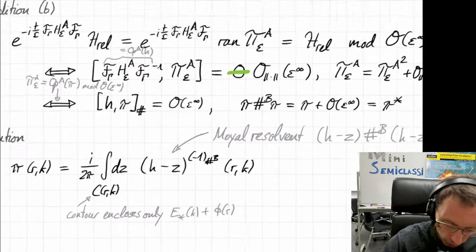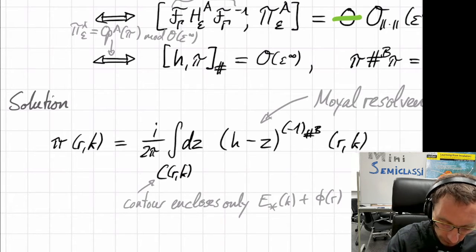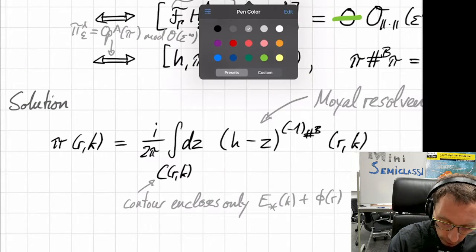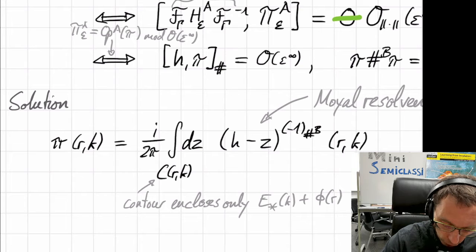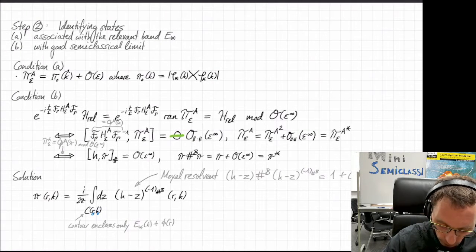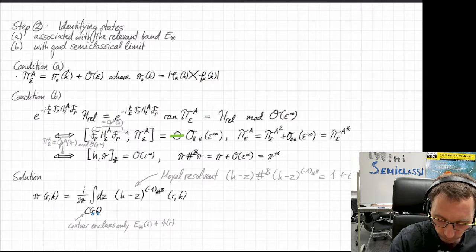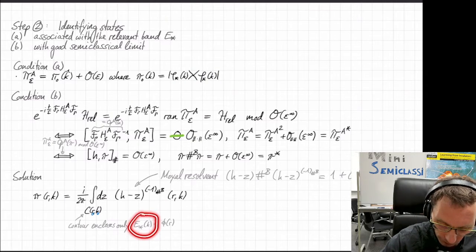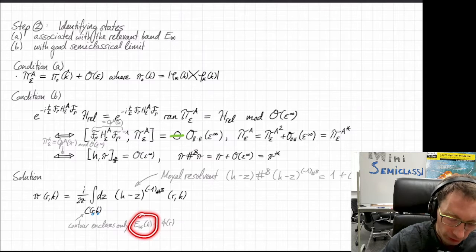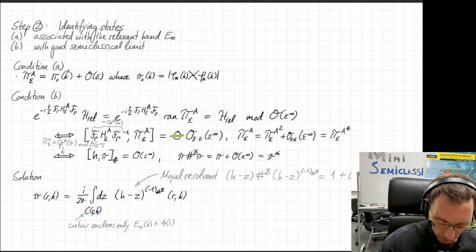And in fact, what you can do is, maybe let me make this modification. You can choose the contour to be locally constant. And that is because everything changes smoothly, hence continuously with K and with R. That's because isolated band functions are analytic, hence smooth, hence continuous.